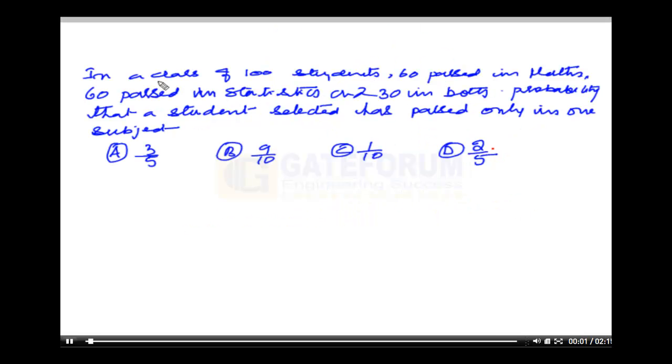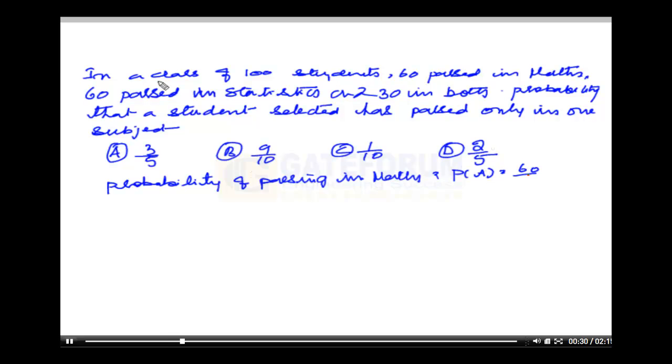Therefore your answer is... Find the probability that the student has passed only in one subject. First consider the probability of passing in maths, let us say PA, is 60 by 100.